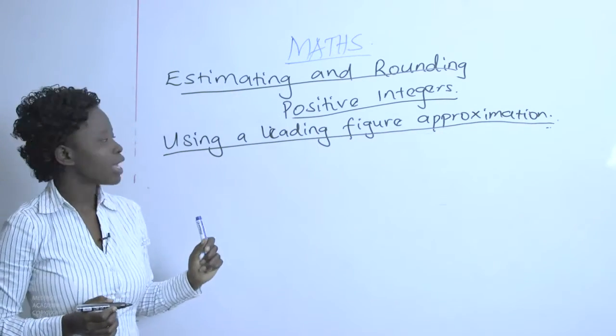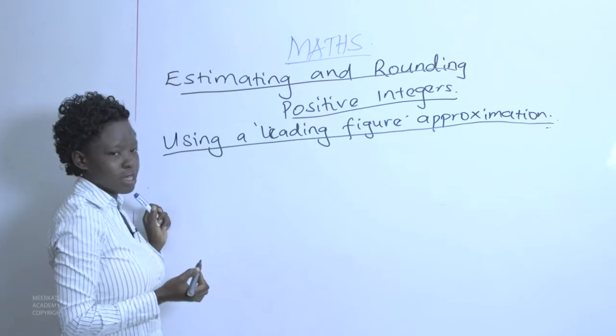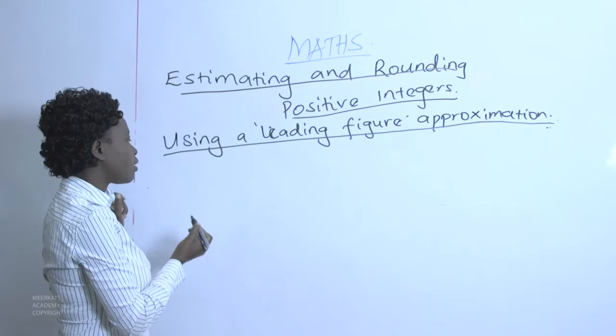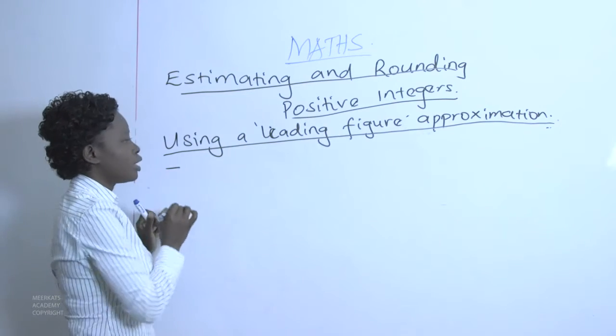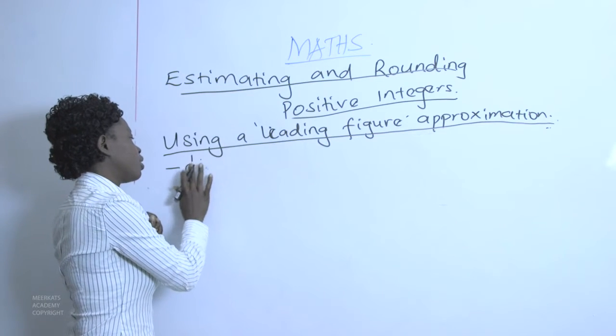So we need to start by asking ourselves, what do we mean by this term leading figure? When we look at a leading figure, we are simply referring to the first digit from the left.